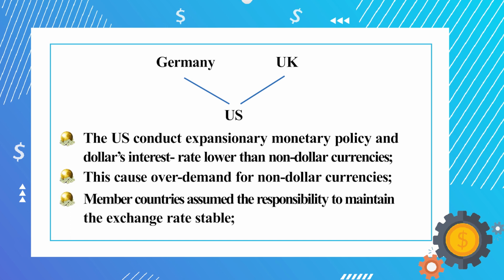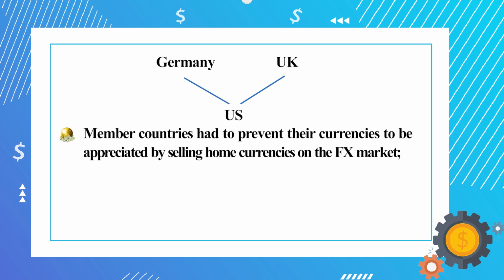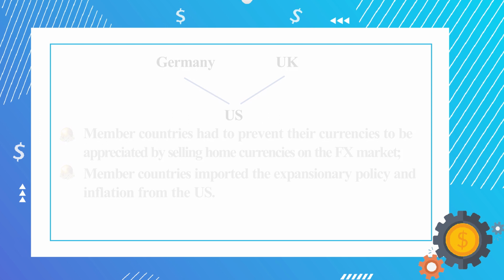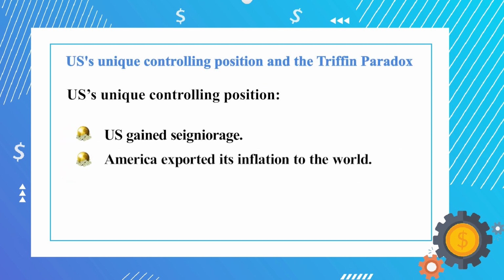Since the Bretton Woods system stipulated that member countries had the obligation to maintain exchange rates stable, member countries had to prevent their home currencies from appreciating by selling home currencies in the foreign exchange market, which increased the supply of home currencies. Consequently, member countries imported U.S. expansionary monetary policy and inflation.